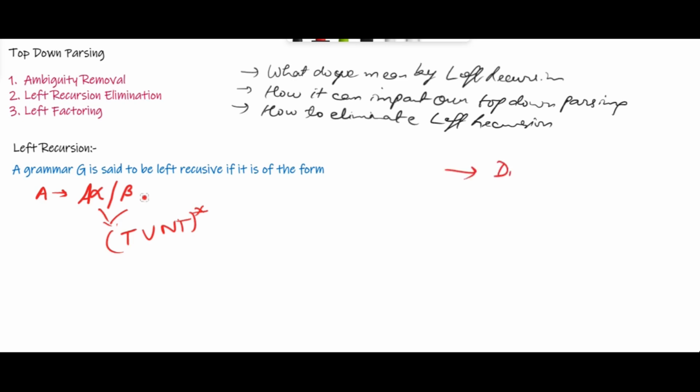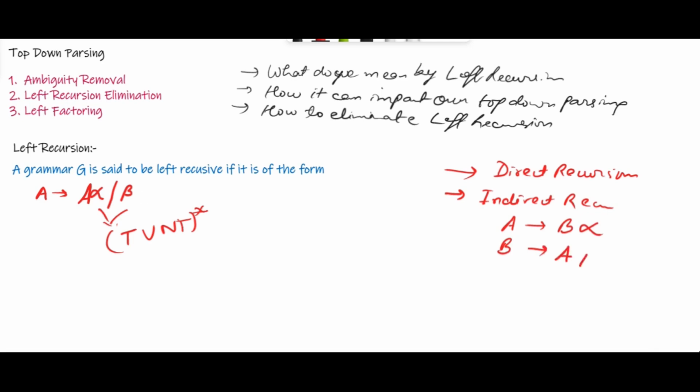One is direct recursion. This is an example of direct recursion. Similarly, another type is indirect recursion. Indirect recursion means we are deriving from A to some other non-terminal B followed by some set of terminal and non-terminal symbols, and this B production is again deriving A followed by some beta symbols.